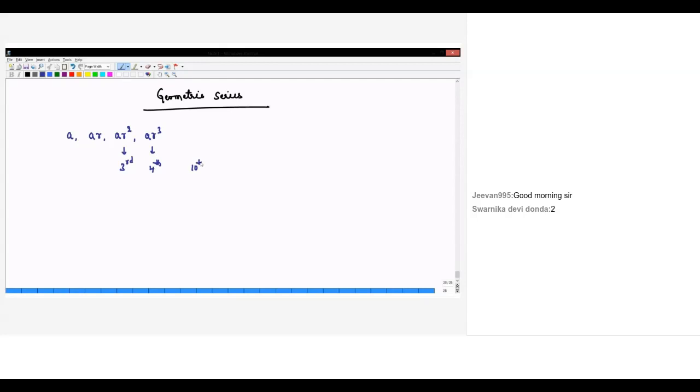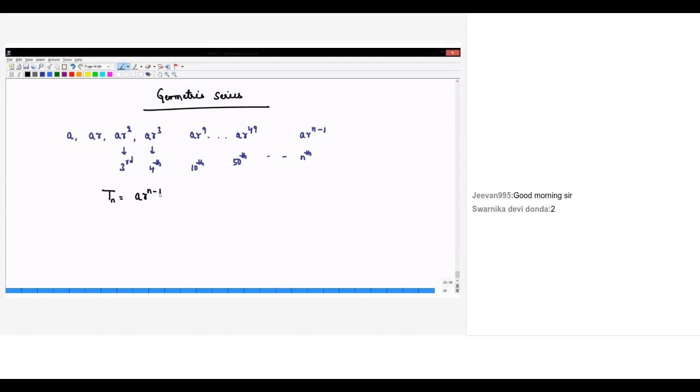The nth number is AR to the power of n minus 1.